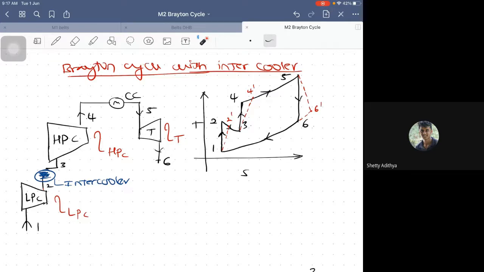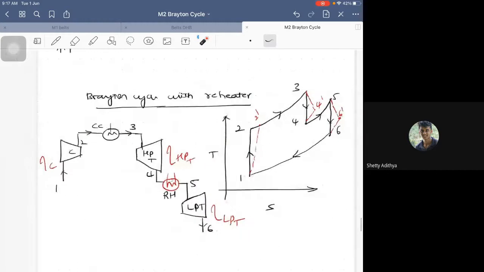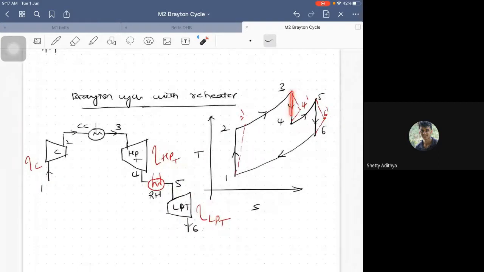Yes, when an intercooler is introduced, the compression process takes place in 2 different stages. When a reheater is introduced, the expansion process takes place in 2 different turbines. Clear with this?